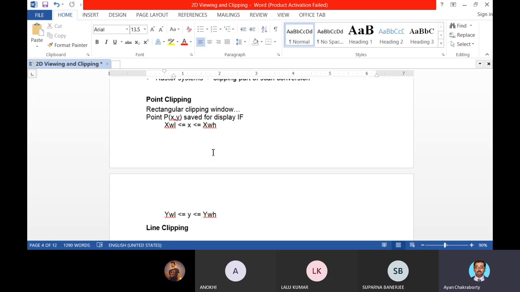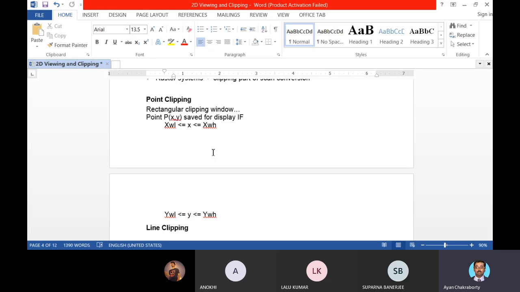First we start with a rectangular clipping window. Rectangular clipping window means our frame, the specified region with respect to which we apply our clipping operation. That specified frame is considered rectangular in shape, which is why it is called a rectangular clipping window.